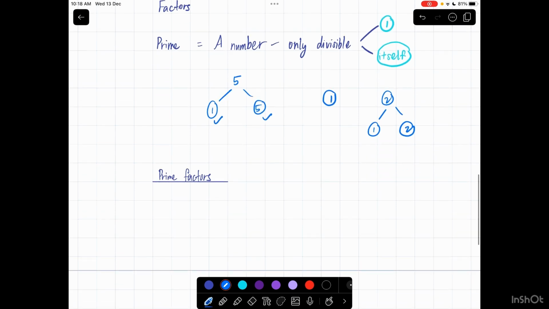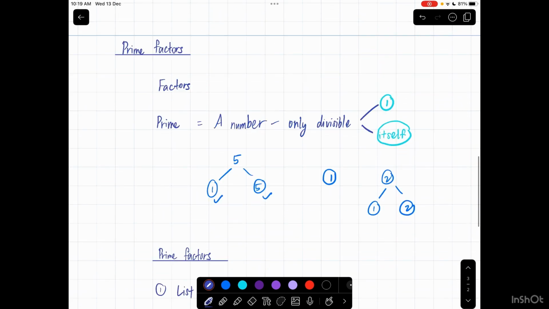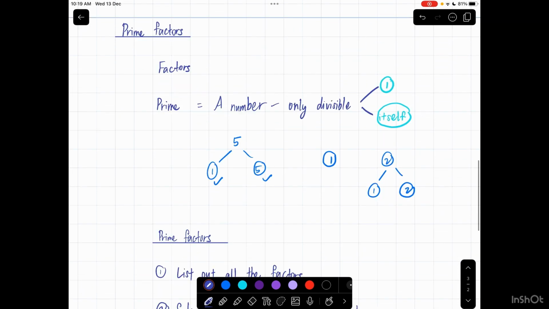So for prime factors, all you have to do is list out all the factors regardless whether they are prime or not, and then among the factors, select the ones that are prime numbers. And that's all about prime factors.